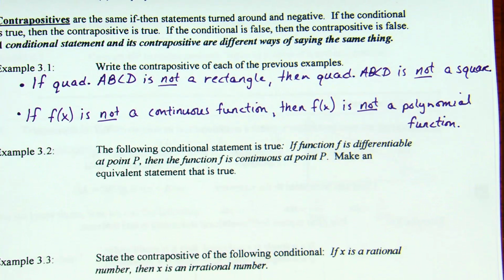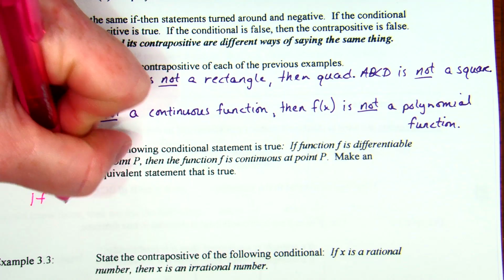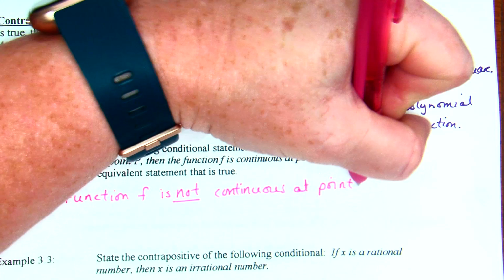So if that's the case, then we're going to say: if function f is not continuous at point P, then function f is what?